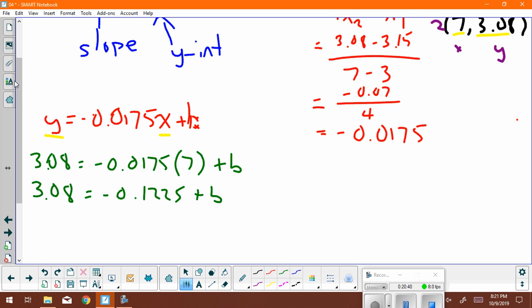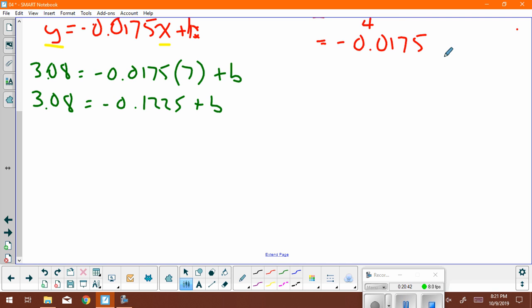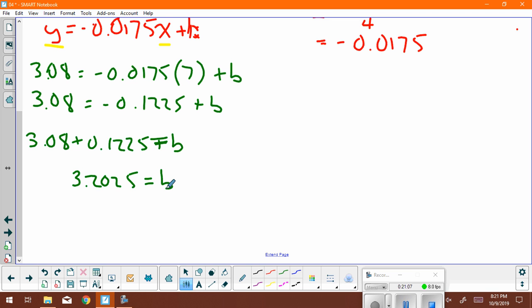Okay, and last to solve for b, we'll bring that negative 0.1225 to the side, which makes it positive. So that's equal to b. And when I add those together, 3.2025 is b. So just like we saw on the graph, it is really right about 3.2.